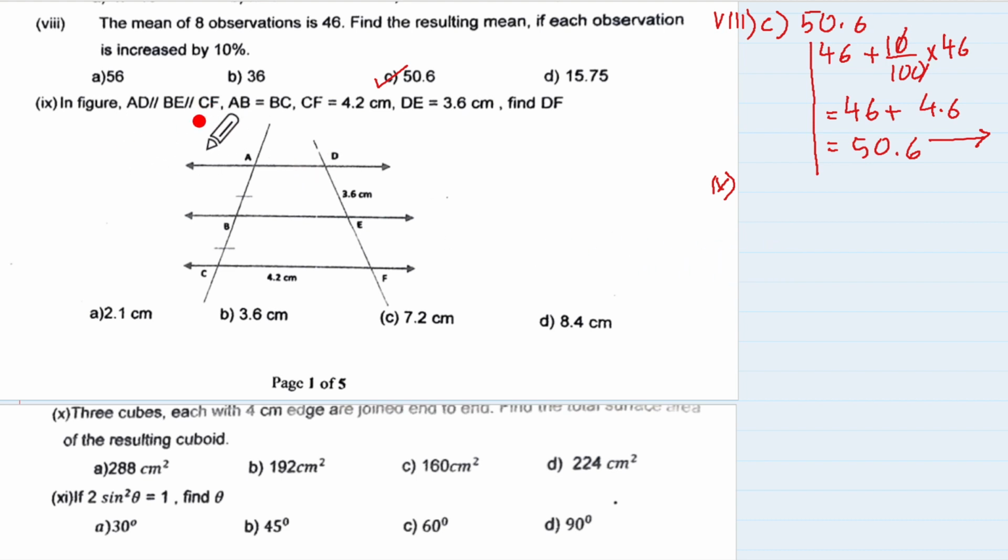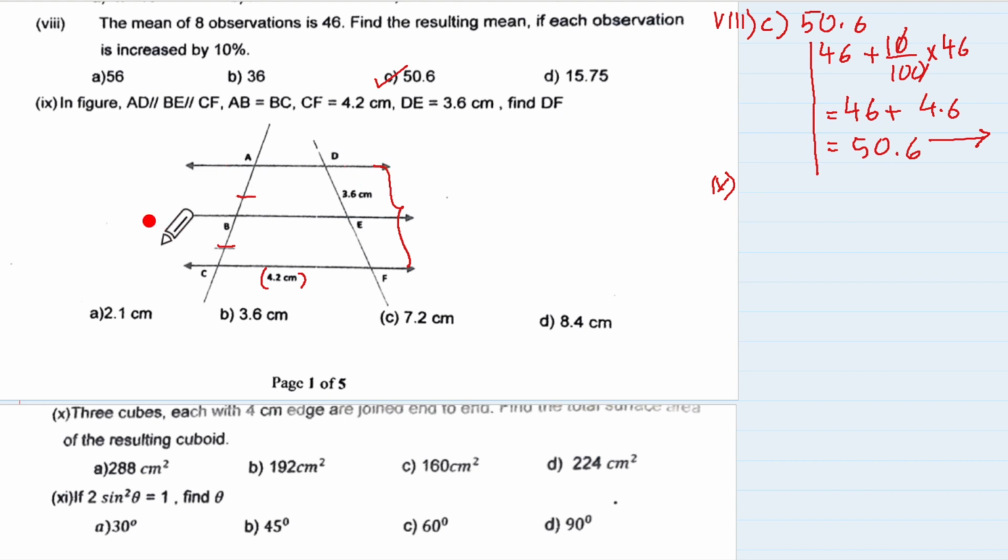In this figure, AD parallel to BE parallel to CF, and AB is equal to BC. CF is 4.2. This is 4.2. DE is 3.6. This is 3.6. Find DF. Now DF is from here to here. Alright.